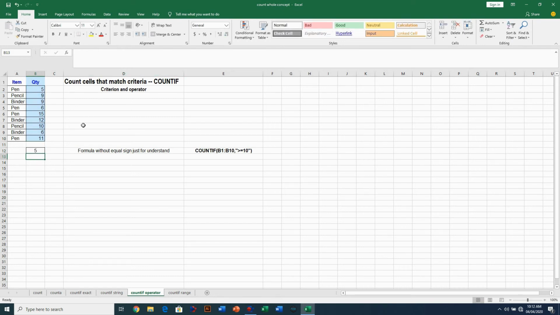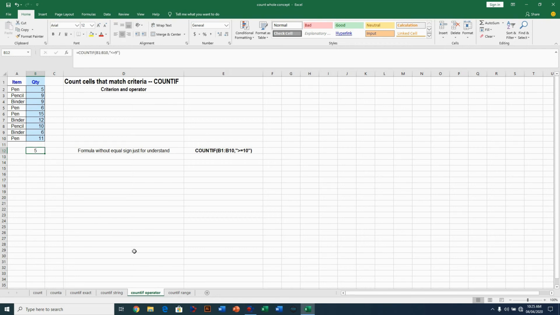Equal to 9 and lesser than 9 is 5 numbers: 5, 9, 9, 6, 6. So this formula counts numbers with equal and greater than or lesser than as well. So we can easily count the numbers.